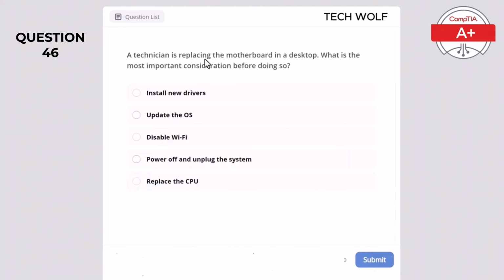A technician is replacing the motherboard in a desktop. What is the most important consideration before doing so? Install new drivers, update the operating system, disable Wi-Fi, power off and unplug the system, or replace the CPU. The correct answer here is power off and unplug the system.